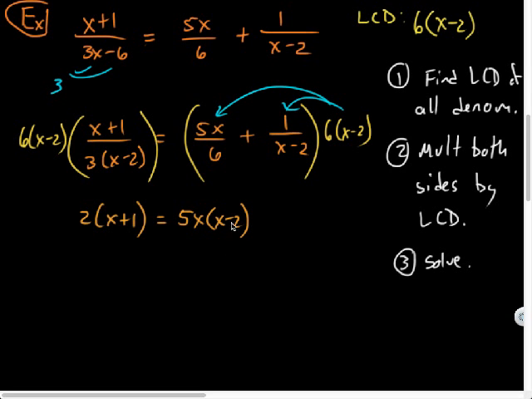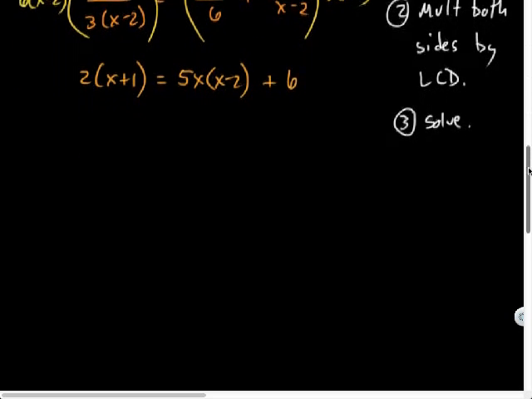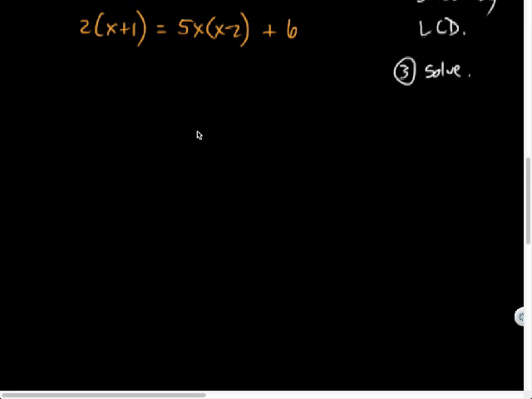We can do this. And here, the x minus 2's cancel, and I'm left with 6 times 1. Sounds like a plus 6 to me. And notice all fractions have been killed. Behold, our utopian society exists.